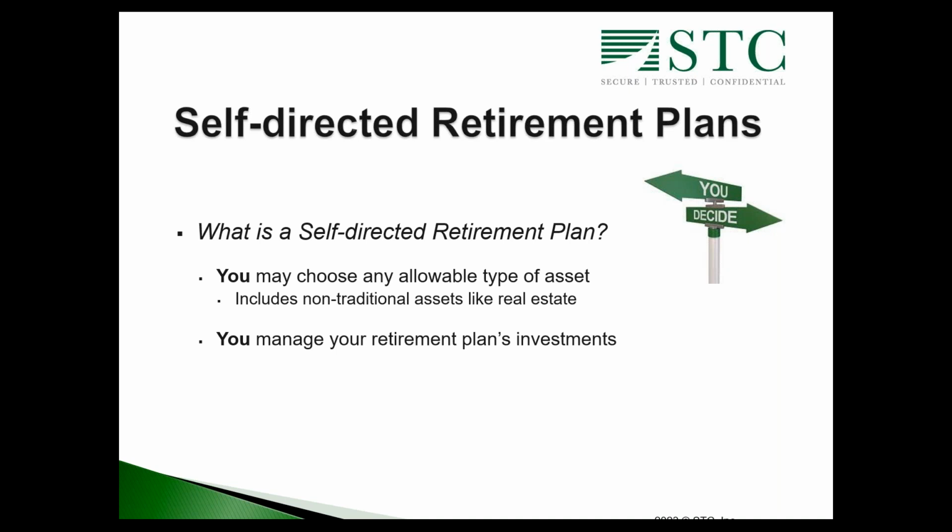Self-direction also means that you are going to manage your investments. You're going to make the decisions related to the investments that you hold in a self-directed account. So, for example, if you decide you do want to own real estate and you want to have that be an asset that you rent, that your retirement account earns rental income, perhaps appreciation over time, and down the road possibly sell the asset, you're going to make all of the decisions that relate to the ownership of that piece of real estate.